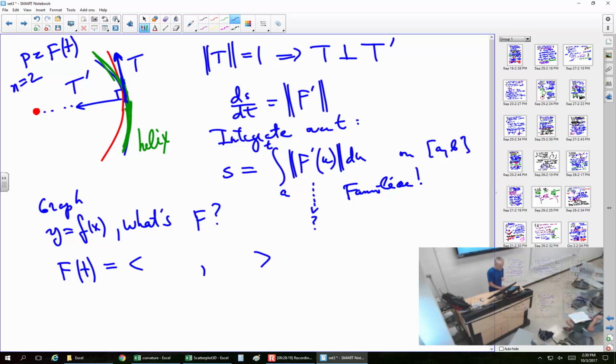I didn't say parabola. Just any curve f. Any function y equal f of x, and I want to represent it as a parameter curve. How do we do it?